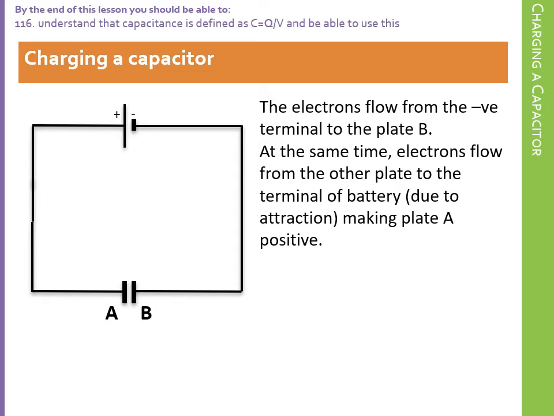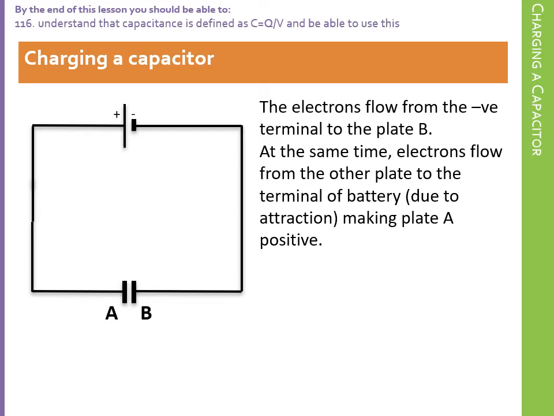At the same time when the electrons are going to plate B and collected by plate B, electrons flow from the other plate to the terminal of the battery, because there is a repulsion between A and B. Now the negative charges are coming on plate B, and negative charges on plate A will travel towards the positive terminal of the battery due to the attraction, making plate A positive.